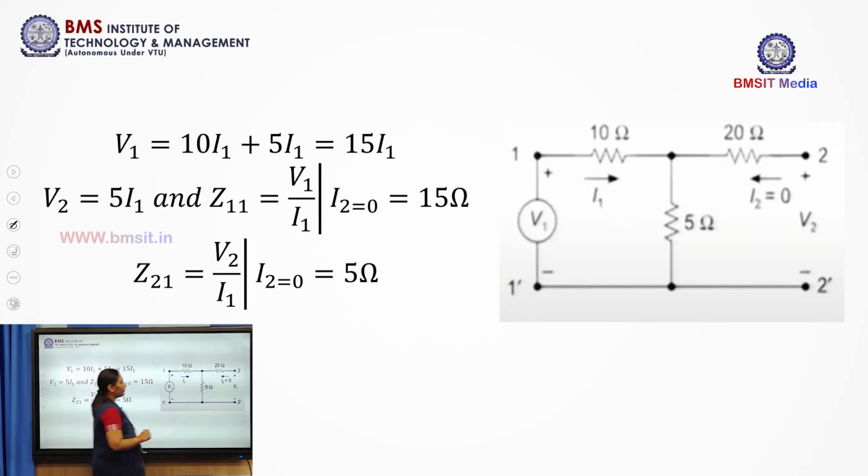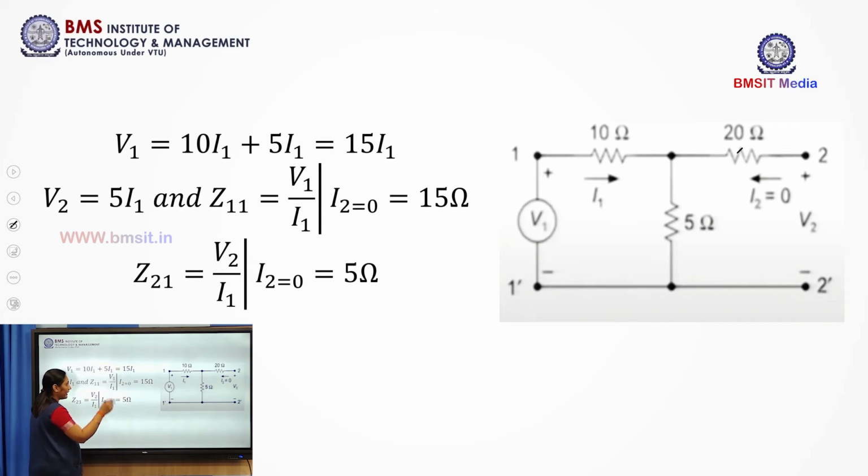When port 2 is open circuited, then I2 will be equal to 0. So, when I2 becomes 0, the 20 ohms will not be there in the network.